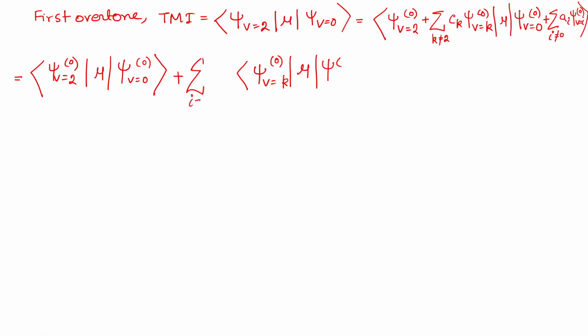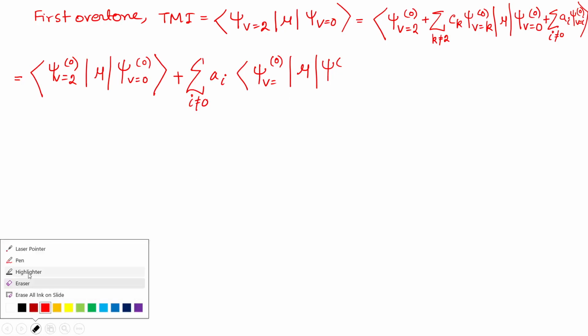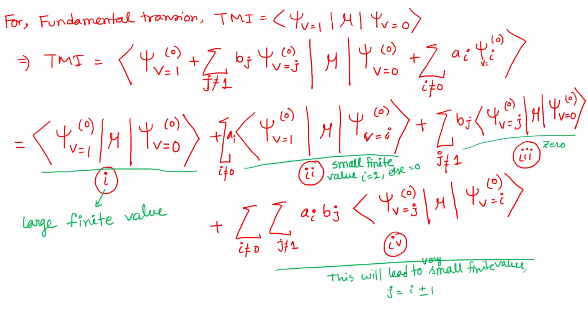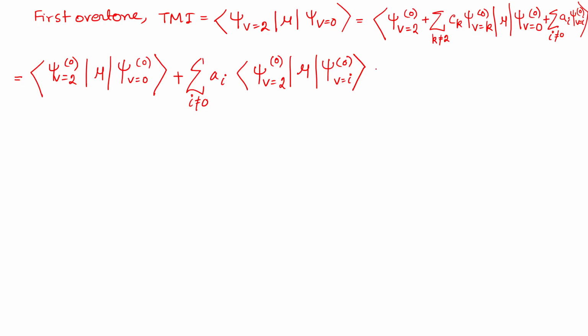Here I should have written i not equal to 0, a_i, then it would have been v equals 2, equals i. I hope I am doing the correct thing. Yes. So this is my first integral. This is my second integral.